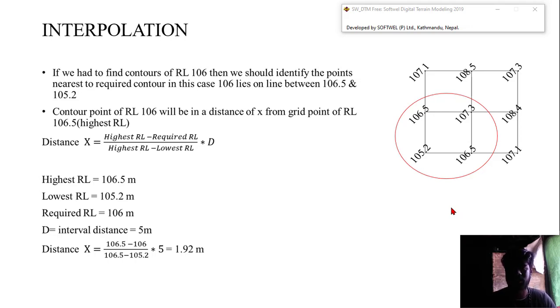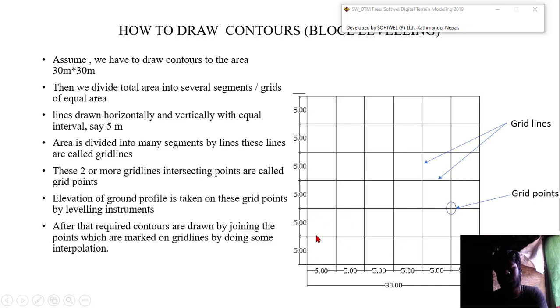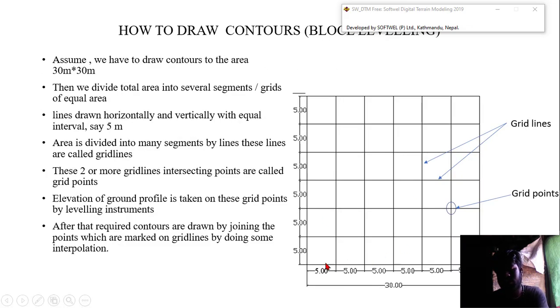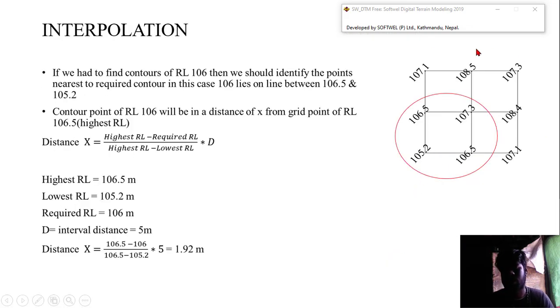For example, for the interpolation I am considering only 4 segments. If these grid points have these RLs, then we will assume we are calculating the 106 RL.